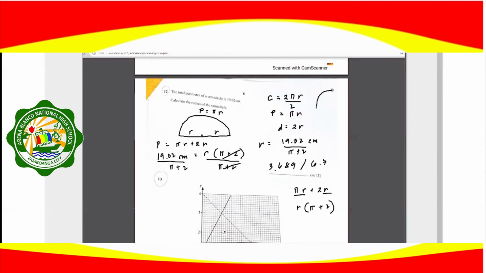Plus r or plus 2r? Because this is the center, this is r. This is the one that you made mention, pi r all over 2, correct? From this point going to that point, right? But you still have 2r here. So, you just have to add again, right? Yes. Okay, very good.